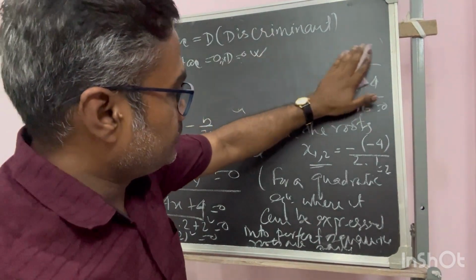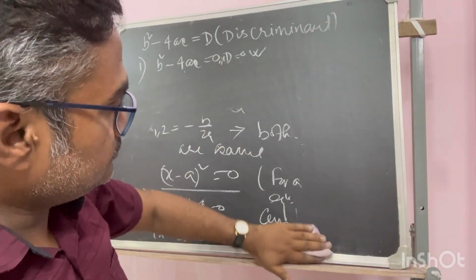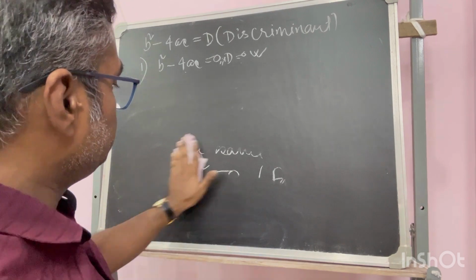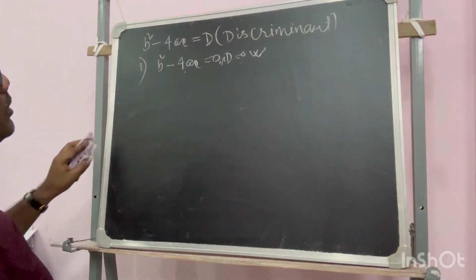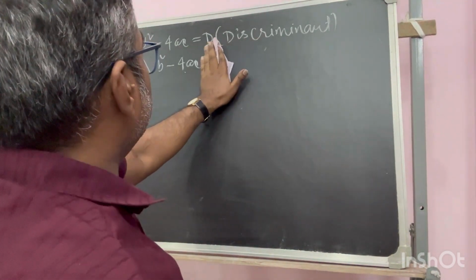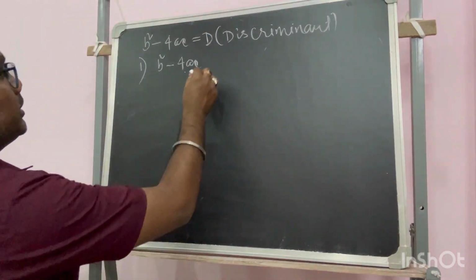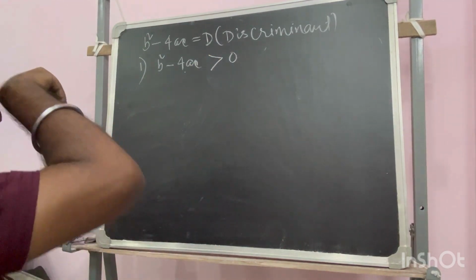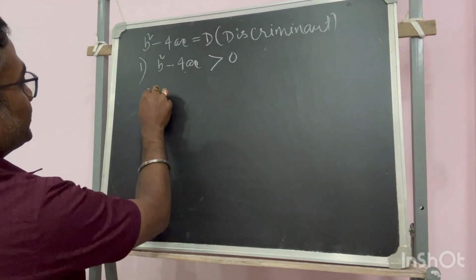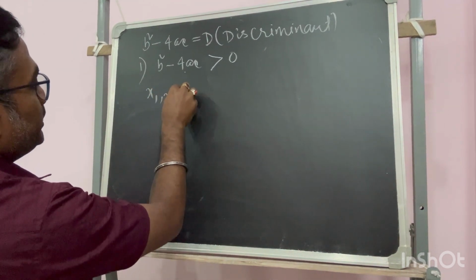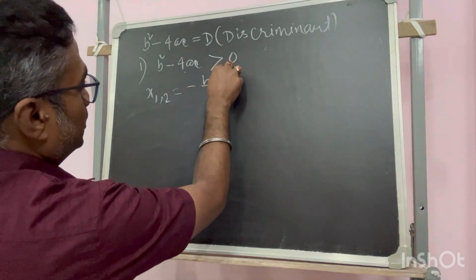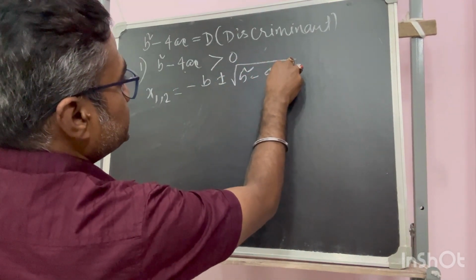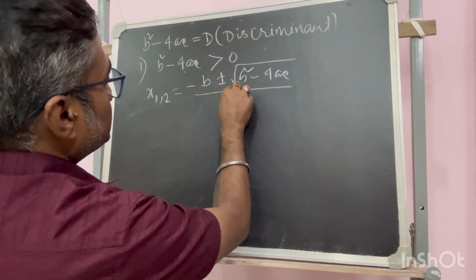Now the second condition, when the discriminant is greater than 0. Then x1 and x2 are given by minus b plus or minus the square root of b square minus 4ac, by 2a.